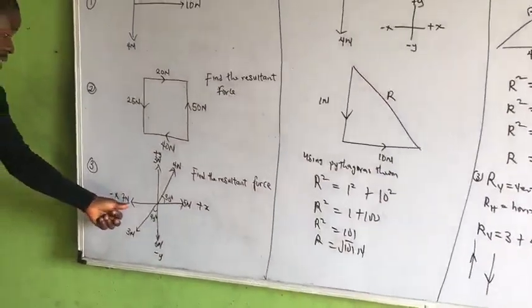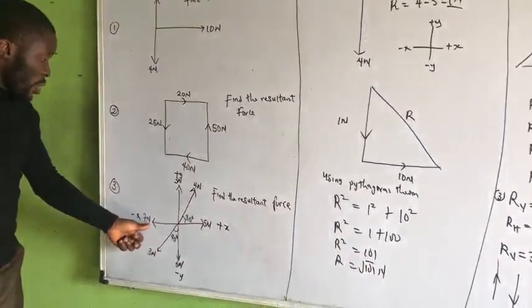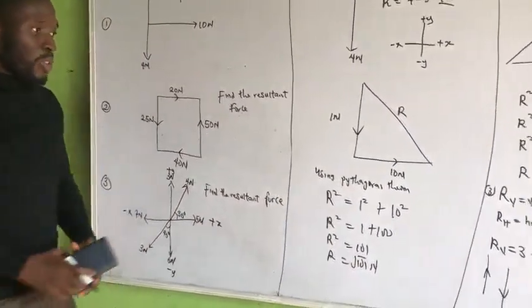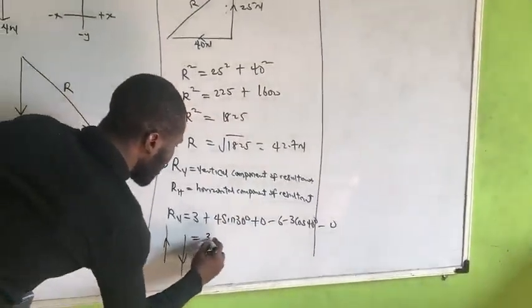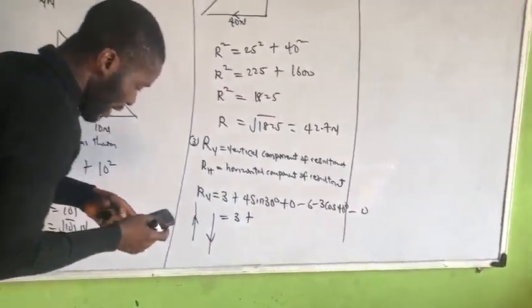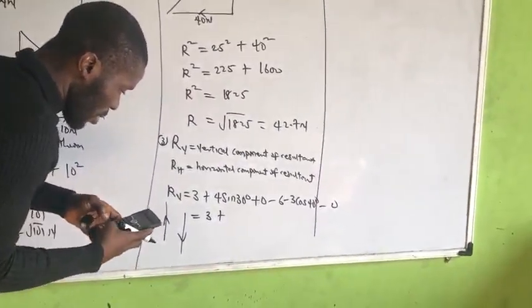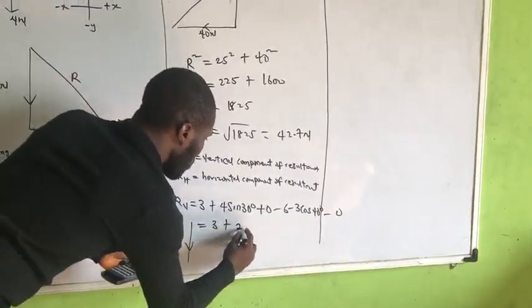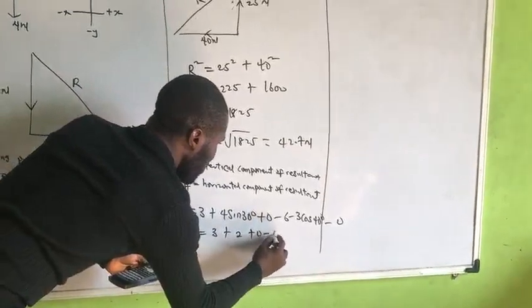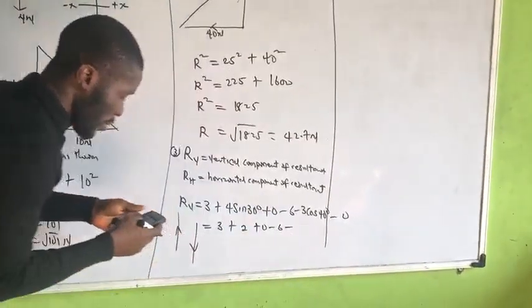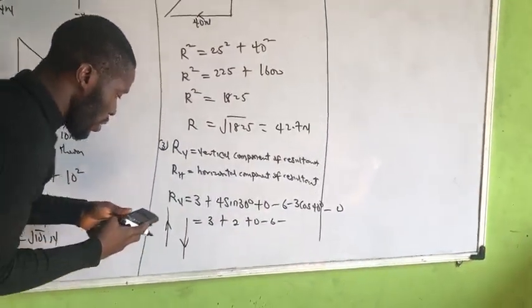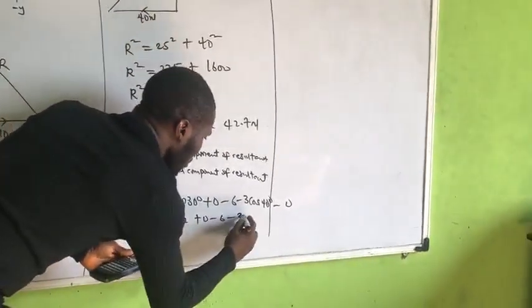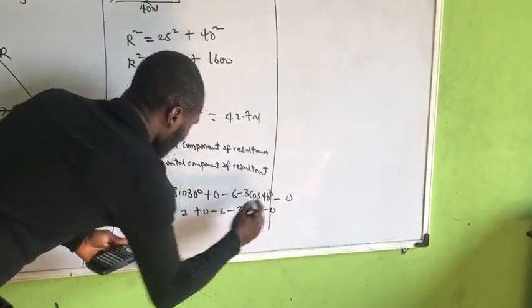Followed by 7. 7 is placed on the horizontal, so it will be 0 for the vertical component of resultant. So minus 0. So this becomes 3 plus 4 sine 30, which is 2, plus 0 minus 6 minus 3 cos 40, which is 2.298, then minus 0.